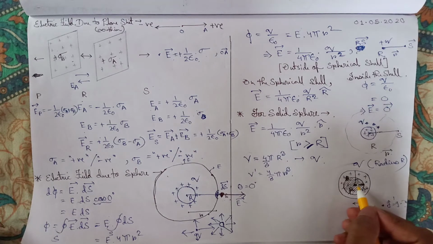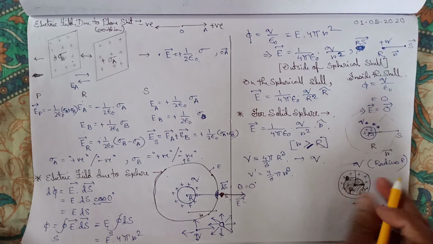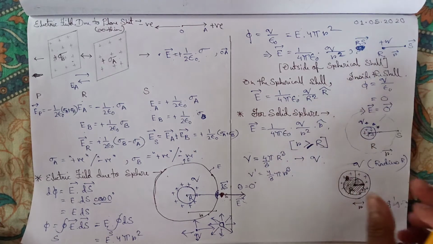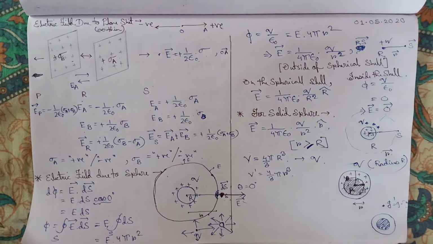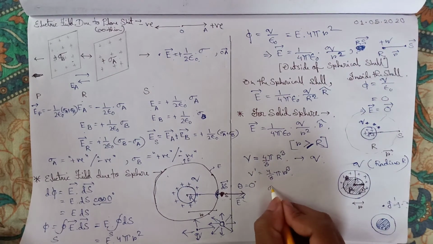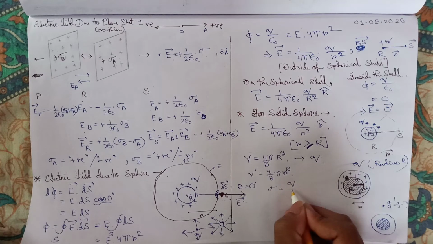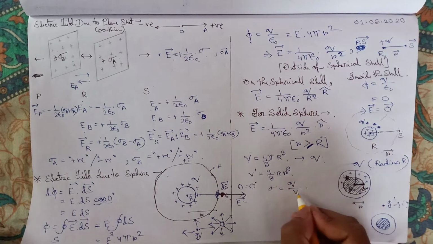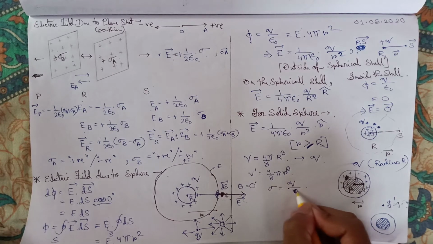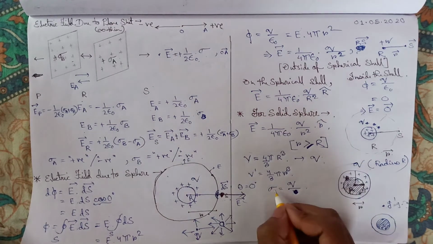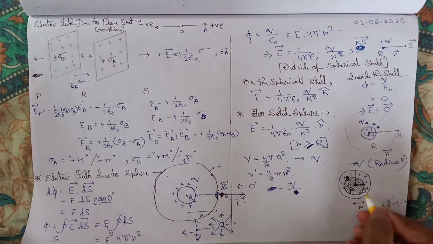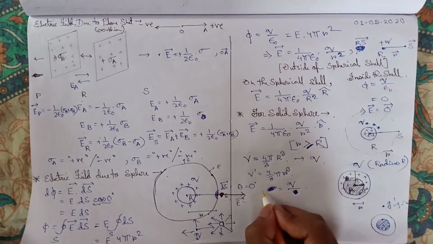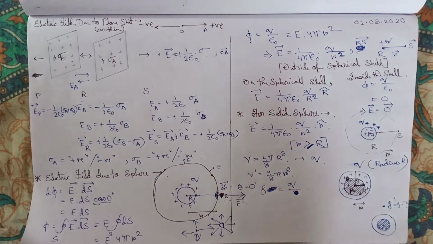As it is uniformly distributed, if we just contract this sphere, the Q will proportionately lower. So if we take sigma equal to Q by volume, sorry, Q by surface area. Not sigma here, because it is a sphere, so it is not a surface, it will be volume charge density.